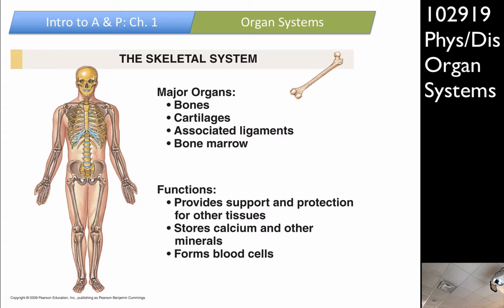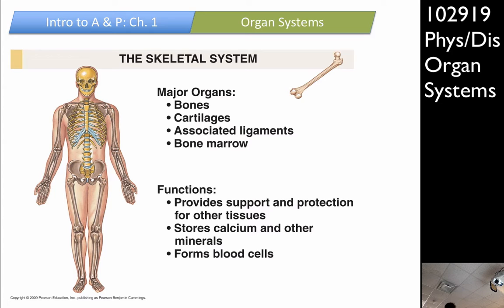When we did the ionomics, when we looked at all the elements that made up a human body, I asked you what are the elements, and one of the ones that you came up with was calcium. Calcium is very important, and the storage of calcium happens in the skeletal system.